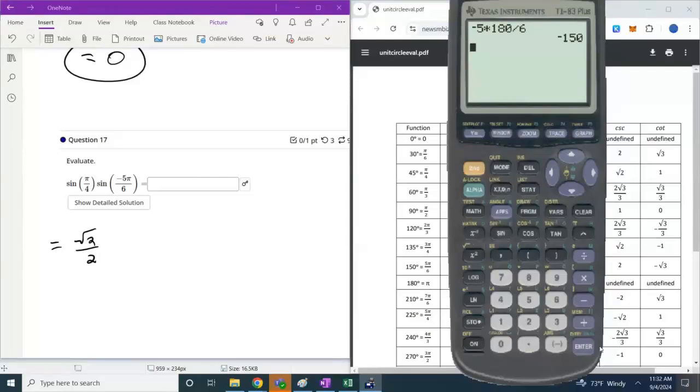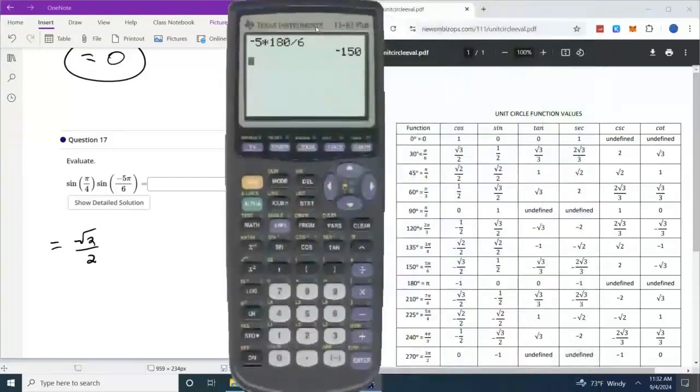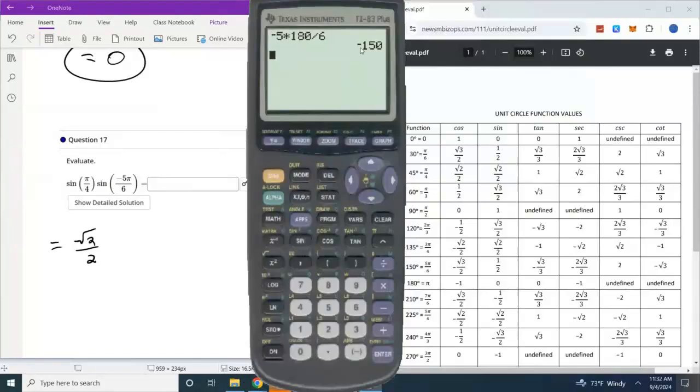Right? So we converted it from radians to degrees, but notice our angle is still negative. What could I do to negative 150 degrees to rewrite it as a positive angle? So remember we talked about coterminal angles where you can add or subtract 360.